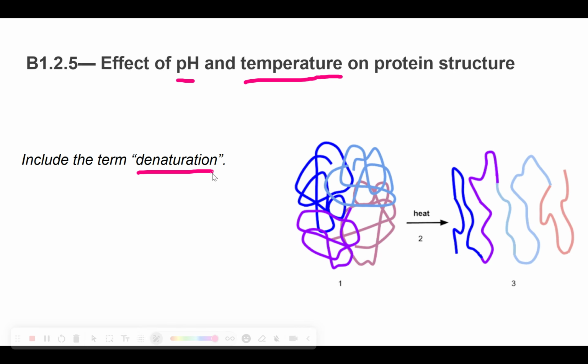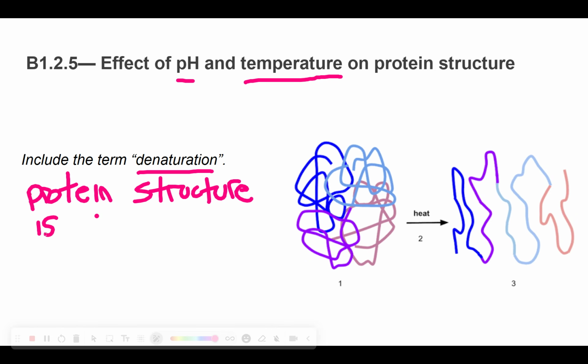So the structure of proteins, we talk about a little bit more in the HL content, but in general, protein structure is stabilized by bonds between R groups.